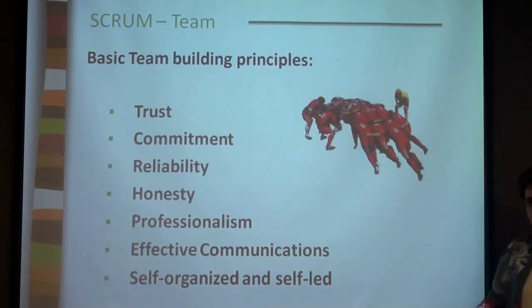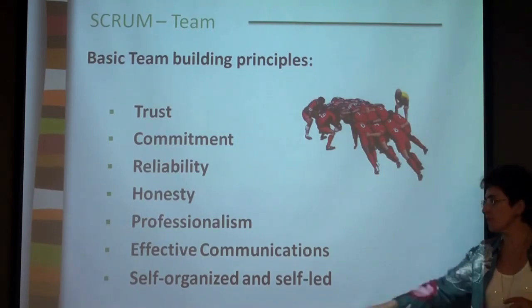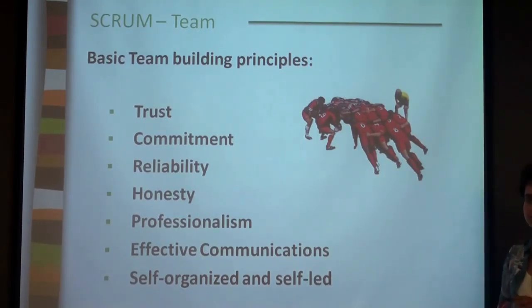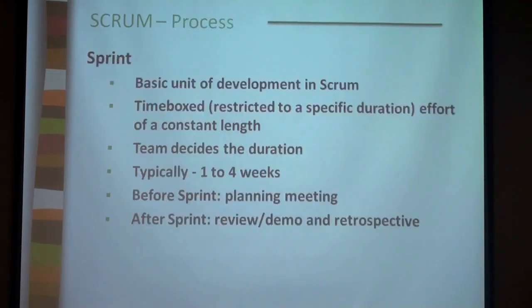But in general, the small Scrum team of like 5 to 9 people does not require a manager, because by definition, a Scrum team is supposed to be self-organized, proactive, and self-led. So each person should feel responsible for what is being delivered, and this spirit drives Agile development. And this is how good software is actually developed, by the spirit of the people who are developing it.